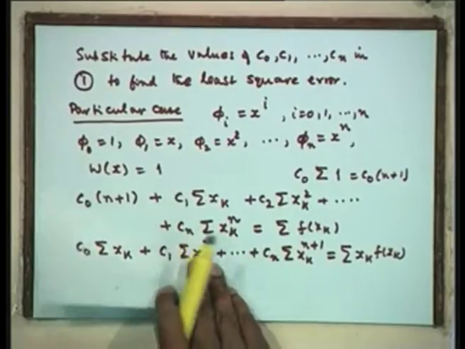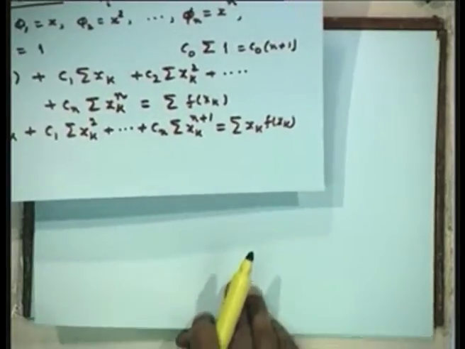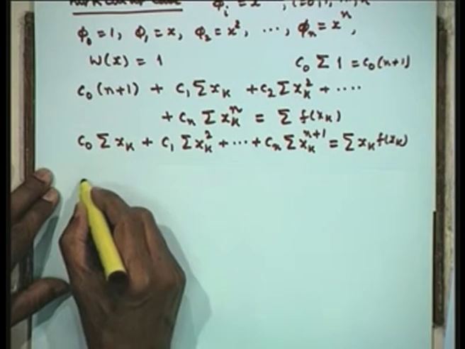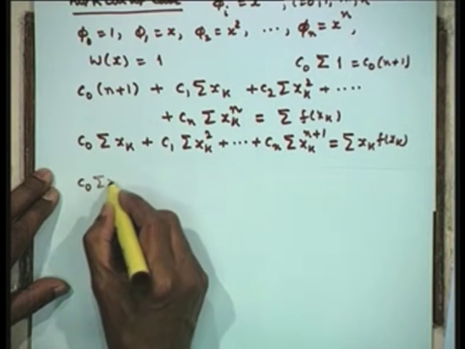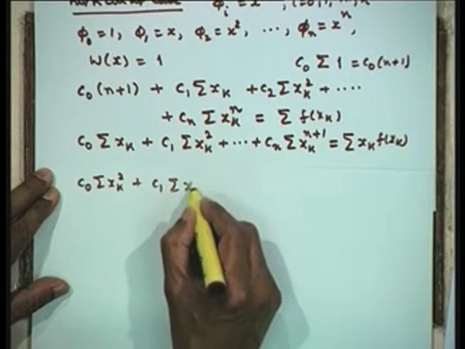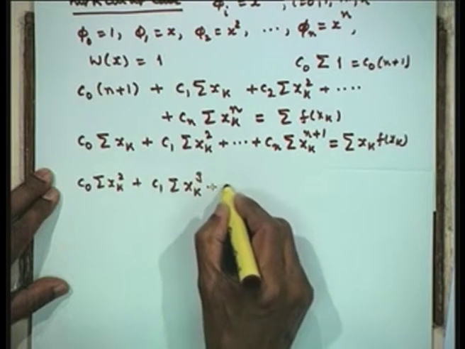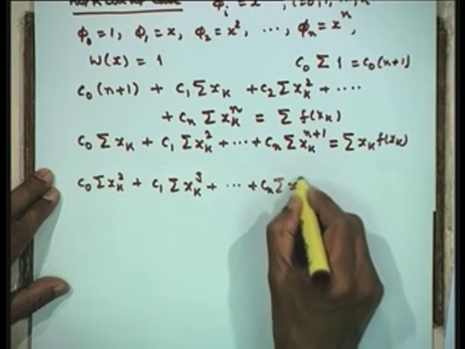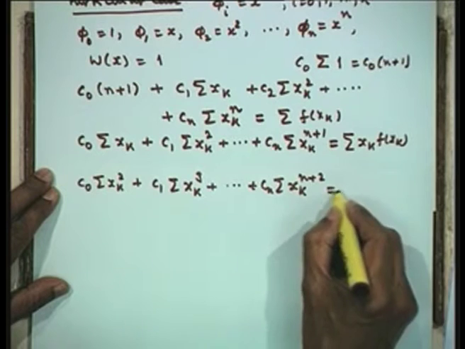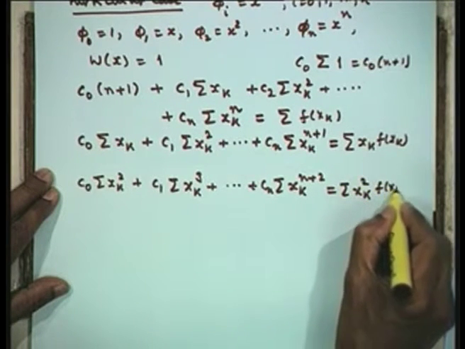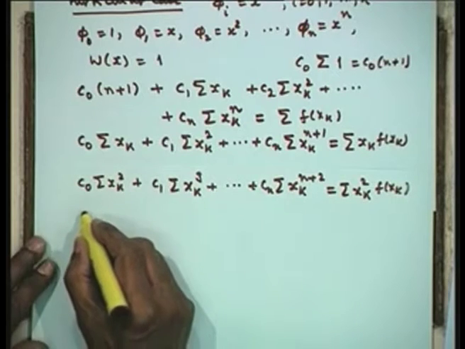So, the next equation would therefore read as C 0 summation x k square plus C 1 summation x k cubed plus so on, C n summation x k to the power of n plus 2, equals summation x k square f of x k, and so on.